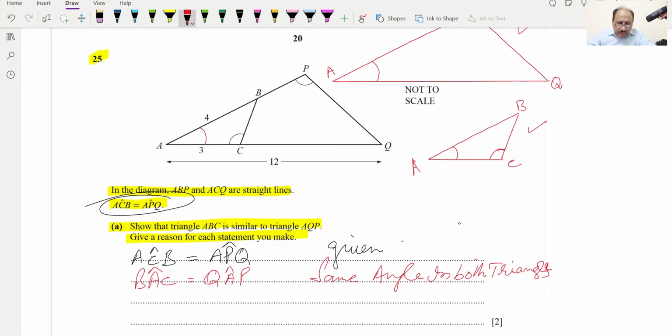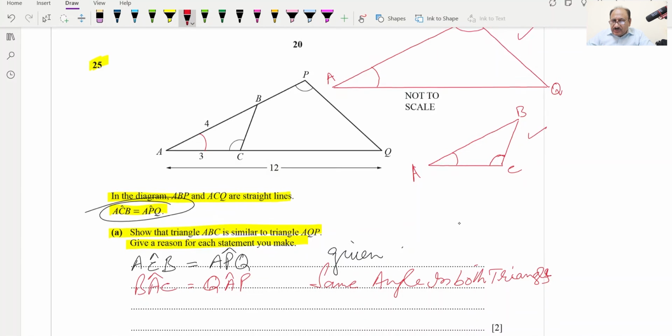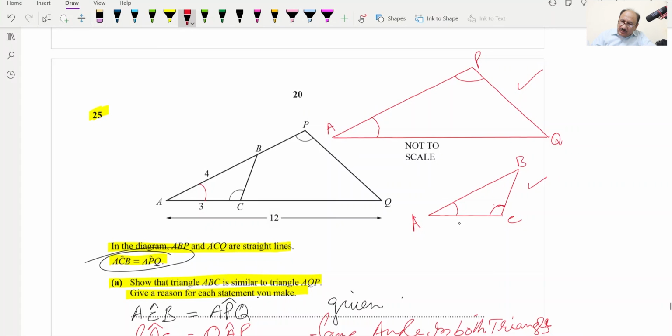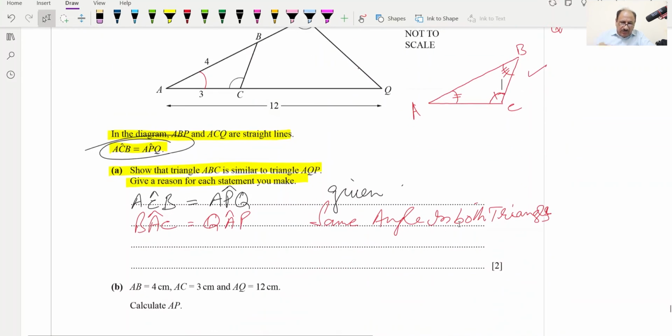Now the third thing: if this angle is equal to this angle and this angle is equal to this angle, this means the third angle will also be the same. So we can write here angle ABC will be equal to angle AQP, and what's the reason? Third angle of both of the triangles.